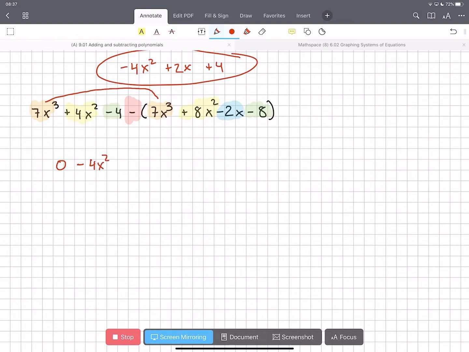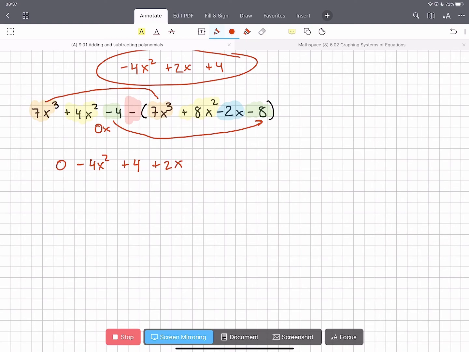I'm going to take my negative 4 and subtract negative 8, which is positive 4. And then that leaves me with 0 x's on the left side here. So I've got 0x minus 2x, which is positive 2x.